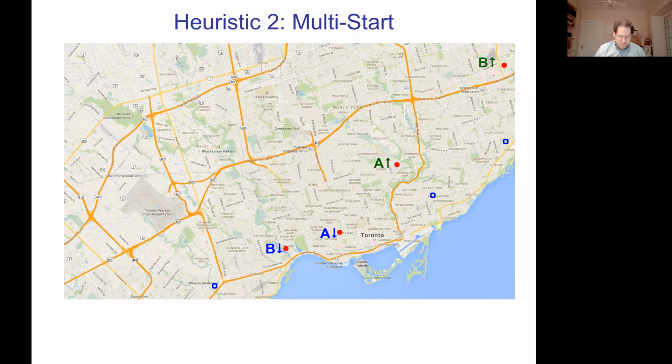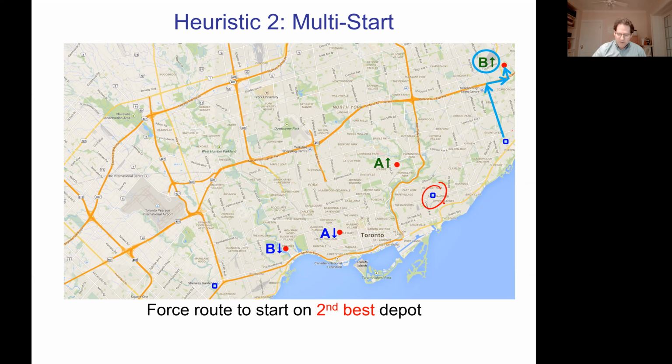Okay, so we can just change something and run this again, because that algorithm's going to be fast. That previous time we started at this depot, we could just force the algorithm to start on a different depot. So maybe I'm going to pick the depot that gives me the second lowest travel time to some pickup. And that's up here, so I'm going to start there.